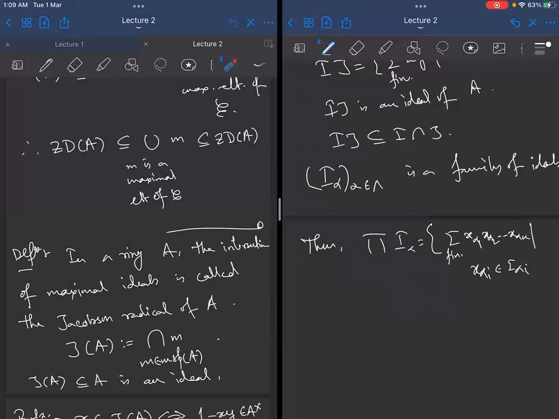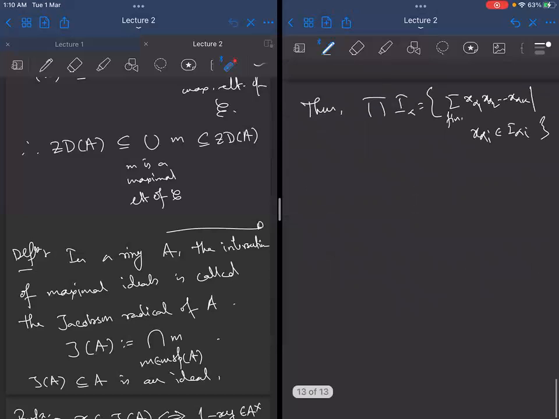This is a finite sum of products of finitely many elements of the I alphas. Again, you can see that this turns out to be an ideal of A. And thus, by virtue of that, you can now define powers of an ideal, powers of a prime ideal, etc.